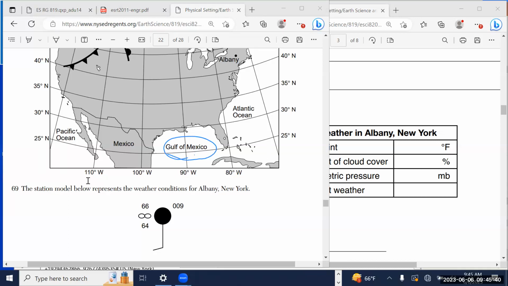It's on water. And I know that it has a very low latitude because it's hot. So what two-letter air mass is going to be warm and created on water, which would be wet.